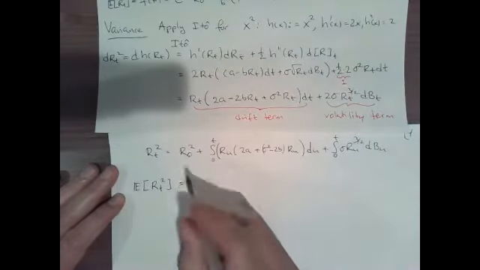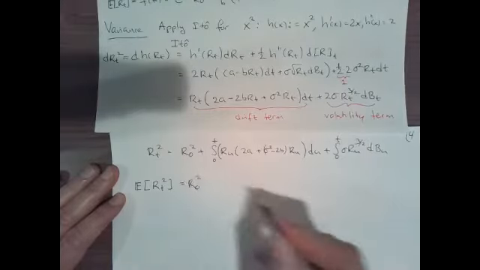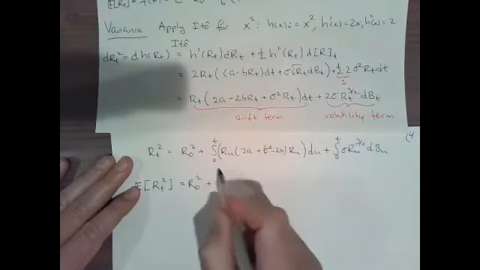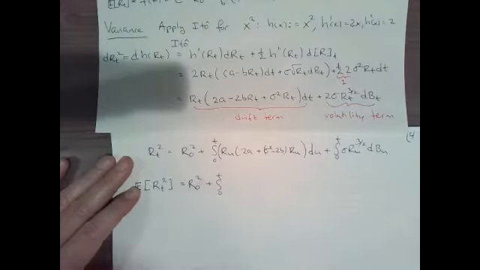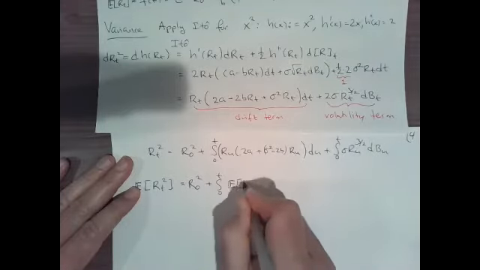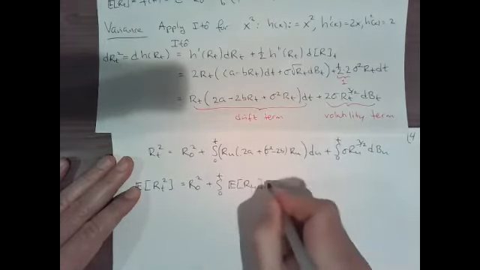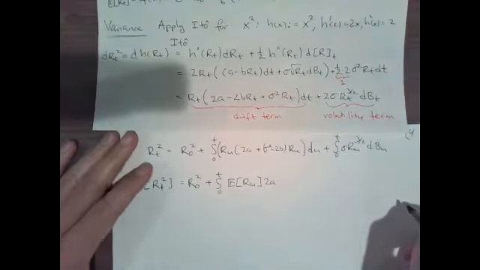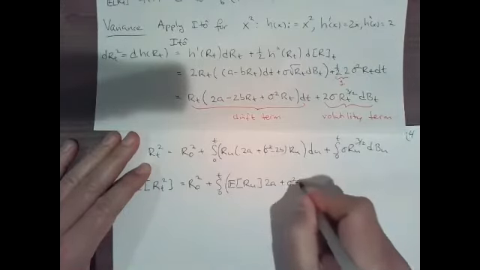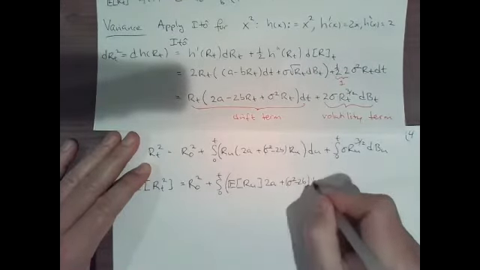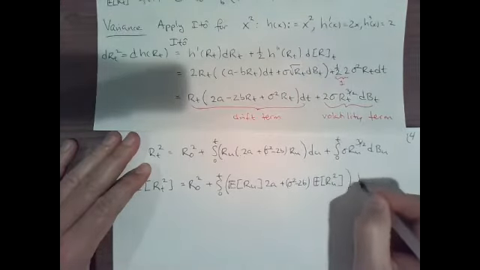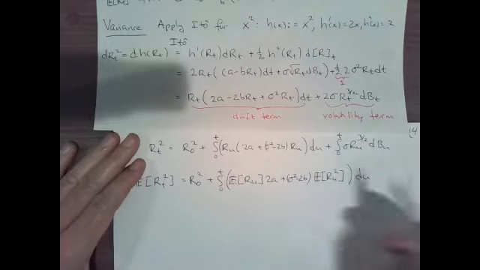This is the initial value squared, and then I'll have something in here that'll be an integral from 0 to t, and then I'll have an expectation of R_u times 2a plus sigma squared minus 2b, and then an expectation of R_u squared du. And what about the Brownian motion term?